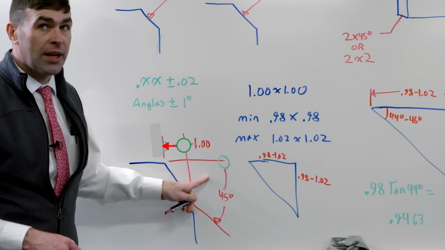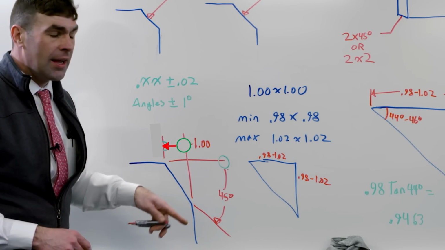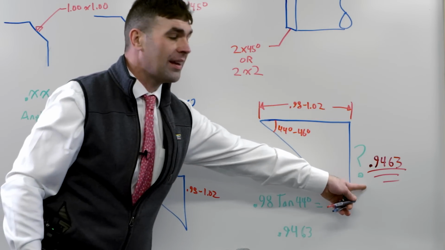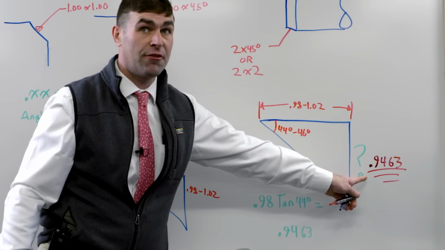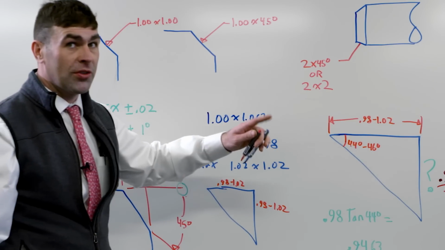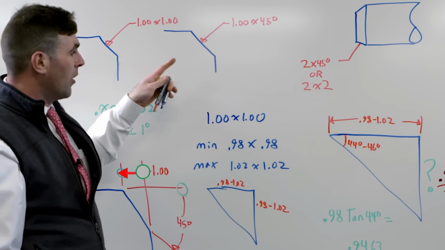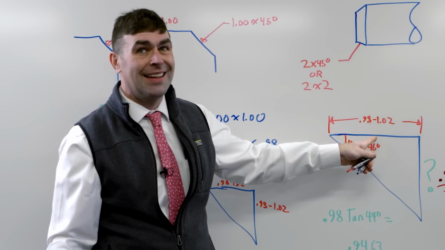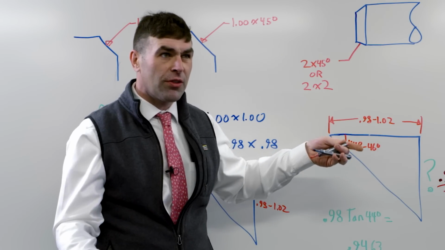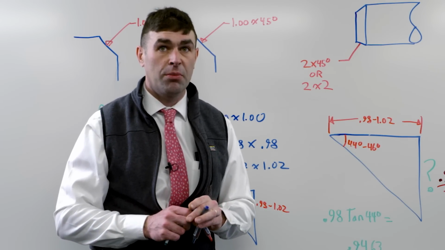So this is one way to do it, but this, with your angle here, only gets you the knowledge that one side is 0.9463, which again is significantly smaller than 0.98, which is, when you first look at it, maybe what you think the tolerance on both should be.